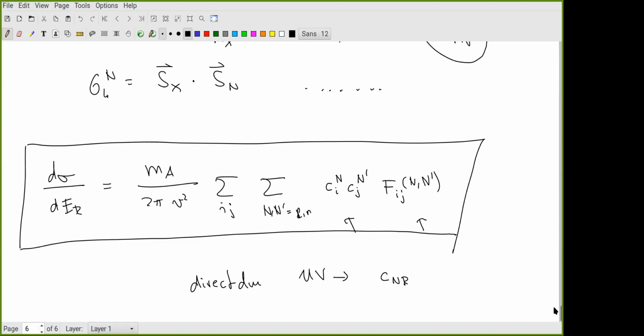And then once you have these non-relativistic coefficients, there's another program called DM form factor. It takes the output of DirectDM, and from these non-relativistic coefficients it gives you the differential cross section. Then you can integrate this over the sensitivity range of your chosen experiment with the chosen nucleus, and it gives you the scattering rate. And then this gives you the comparison between experiment and theory.